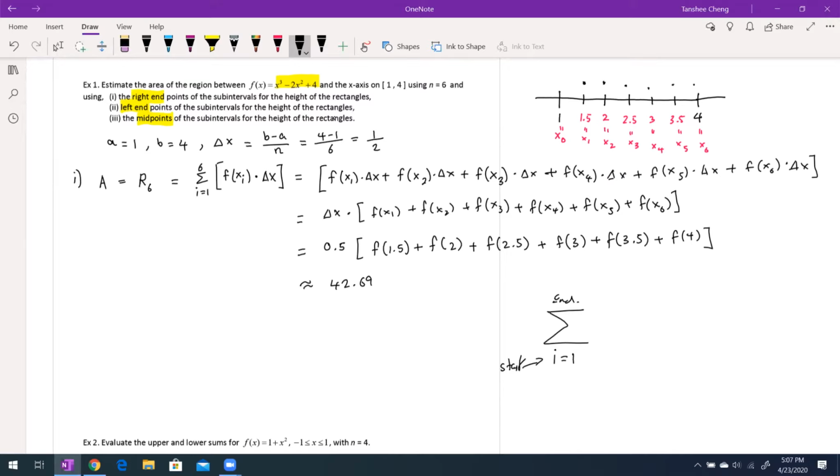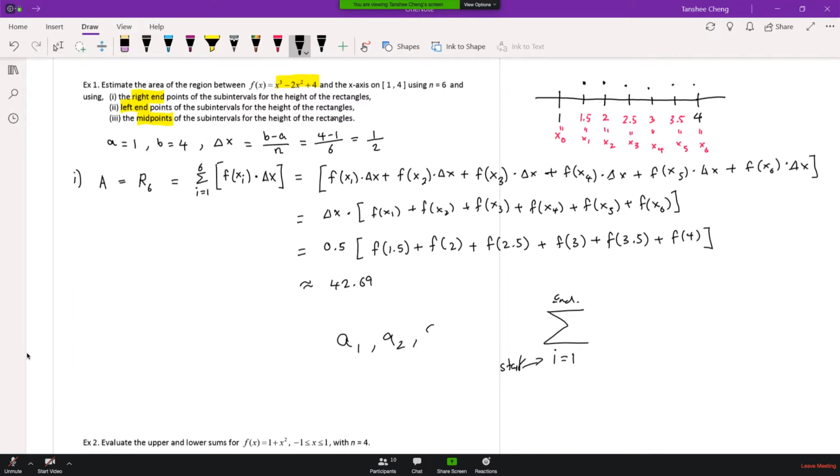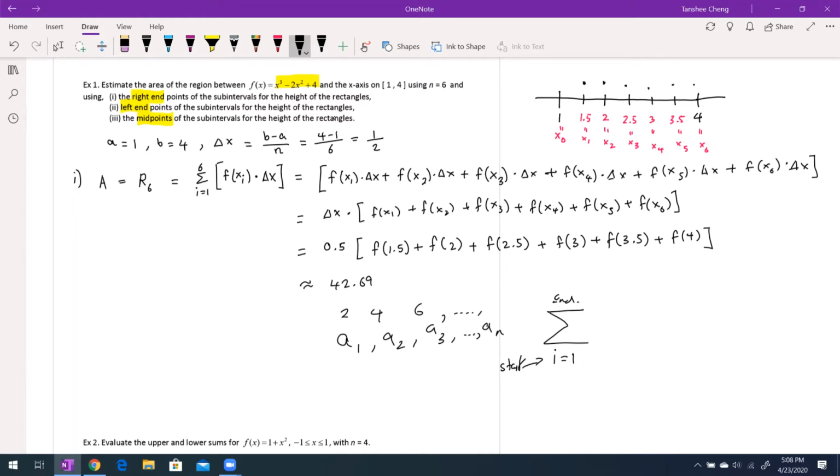What is a series? In a sequence, we talk about what? A sequence is a sub 1, a sub 2, a sub 3, and so on, all the way up to a sub n. For example, let me give you the sequence of 2, 4, 6, dot dot dot. That is an even number, right? So an increment of 2. Are we all following so far?